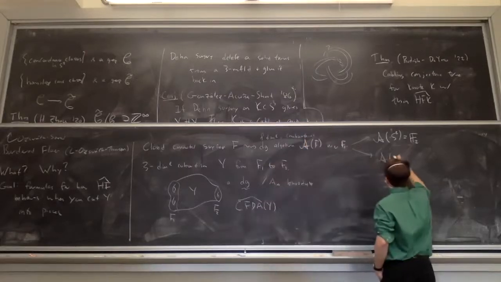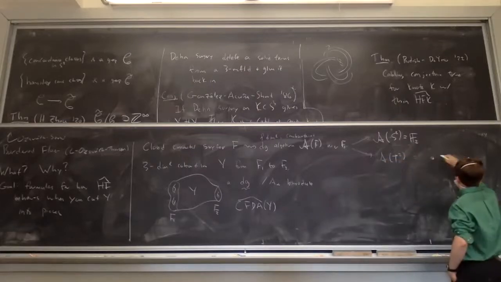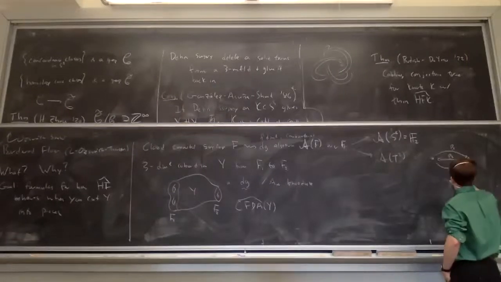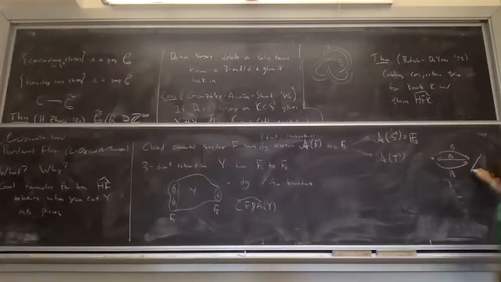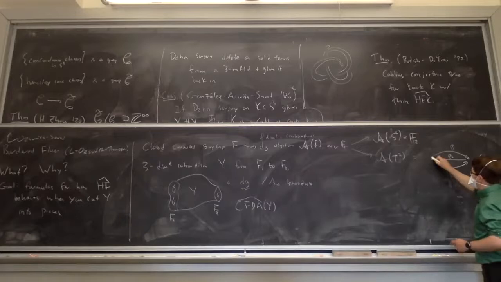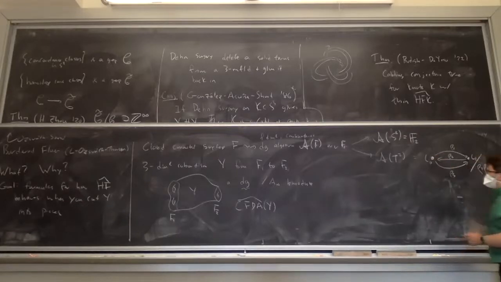The algebra associated to the torus looks like this: rho 1, rho 2, rho 3, mod rho 2, rho 1, and rho 3, rho 2 are both 0. That is, let's call this I0 and I1.